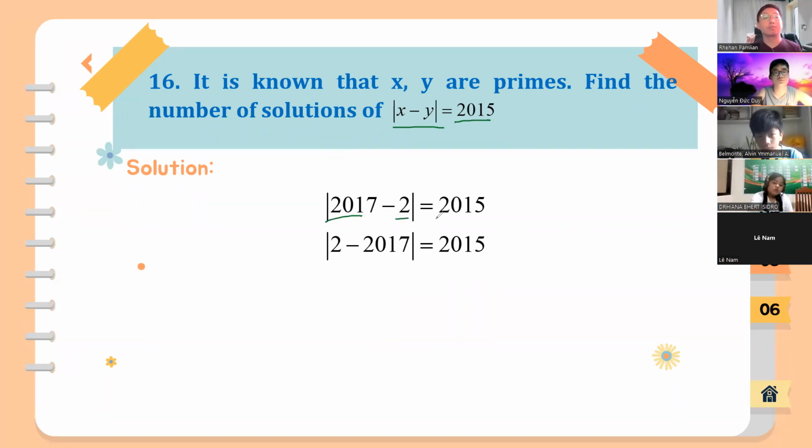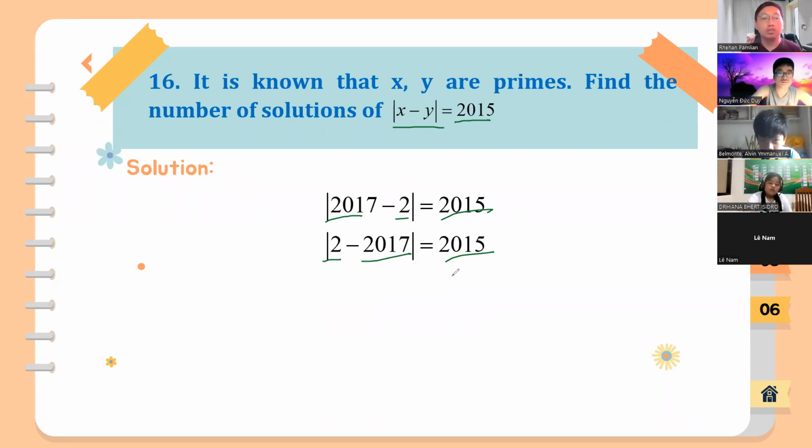You know, 2 is a prime number, right? So the only difference that you could think of is 2 and 2017. So 2017 minus 2, that's 2015. 2 minus 2017 is negative, but remember that it's an absolute value, so it's still equal to 2015.